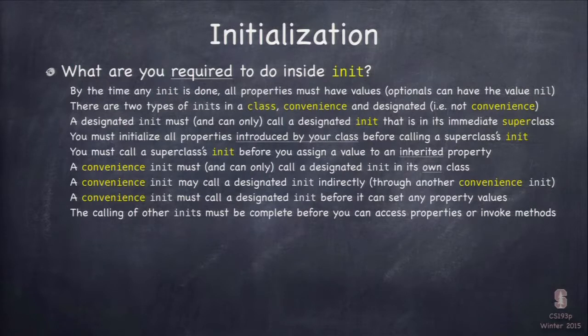In other words, the class has to be initialized before you can start calling methods and properties. That's why we have to use lazy if we want a property to set its value by calling a method, because we can't do it non-lazily, since we wouldn't be initialized at that time. We'd still be in the process of initializing. It's kind of a two-phase initialization. You get fully initialized, and now you can go do that. So these are the rules.